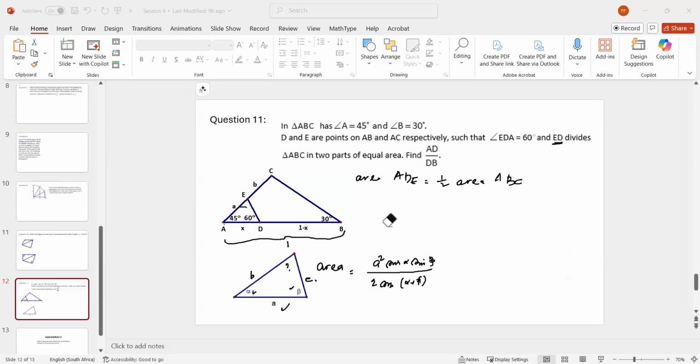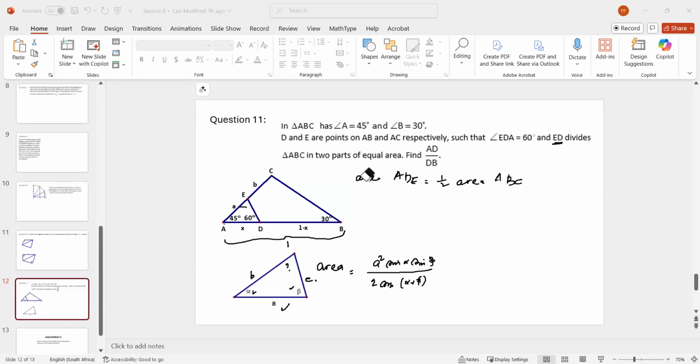So you can see what it is. It's a half of A squared, that side squared, and then you take sine alpha times sine beta, that's the numerator, and at the bottom you have sine of alpha plus beta.